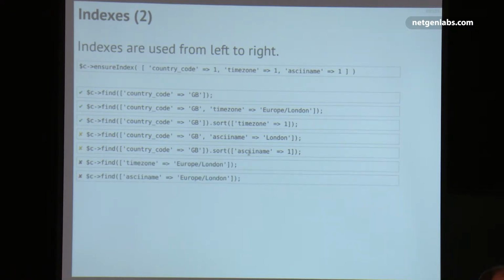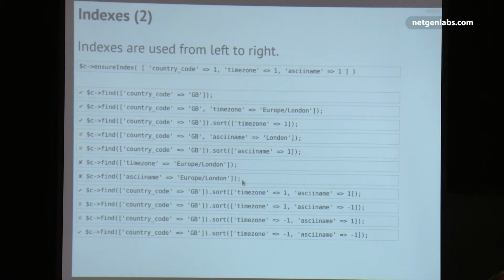Now, there's a few queries that it can actually not use the index for at all. If you only use the second part of the index or the third part of the index, not using the first part of the index, basically. And then there is the last 4 here, where I'm using a find on country code and then doing the sorting on time zone and ASCII name.